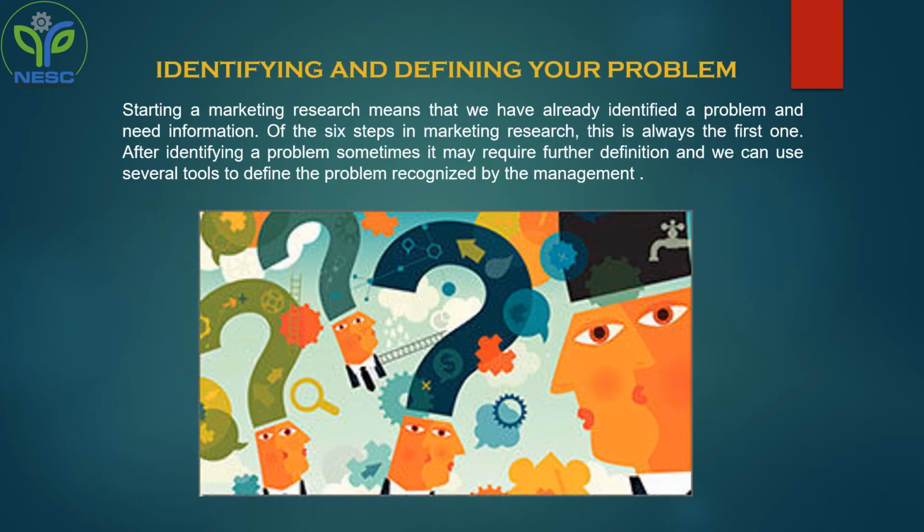So the first one, identifying and defining your problem. Simple. Here first we need to identify the problem. After identification, we need to further define the problem for better understanding. Here it says starting a marketing research means that we have already identified a problem, right? And then we need information now.